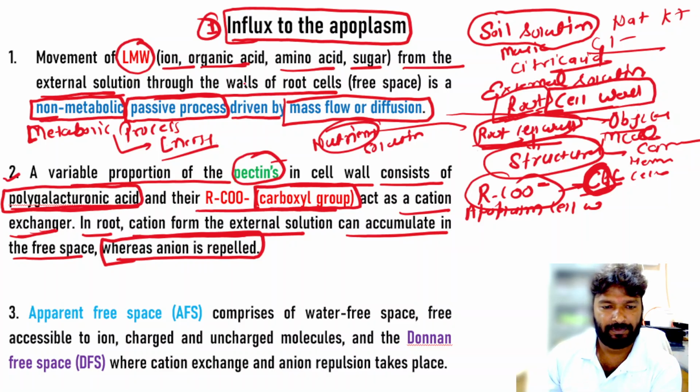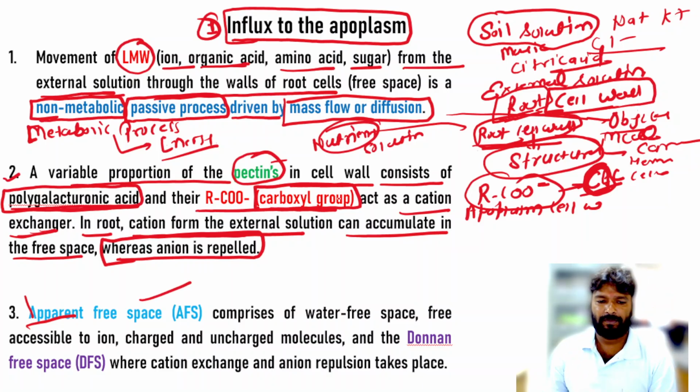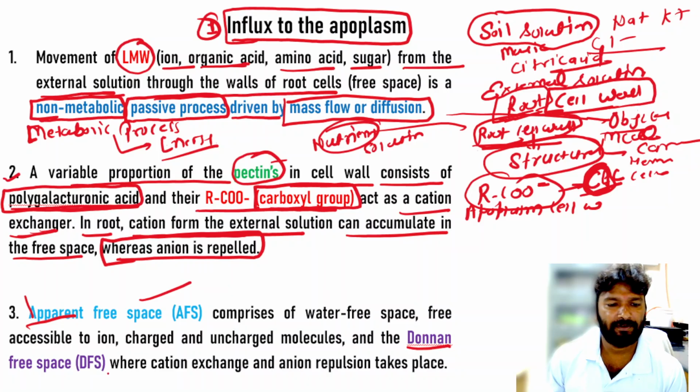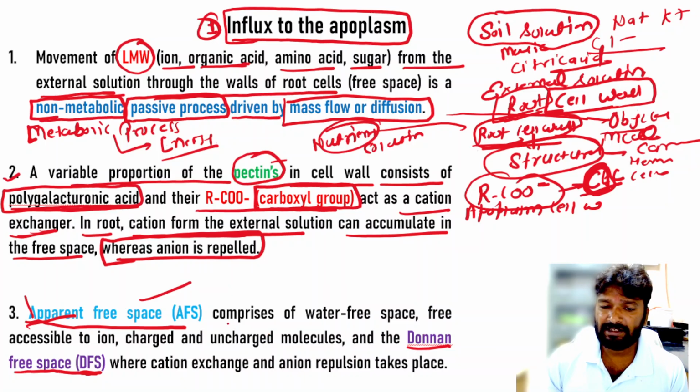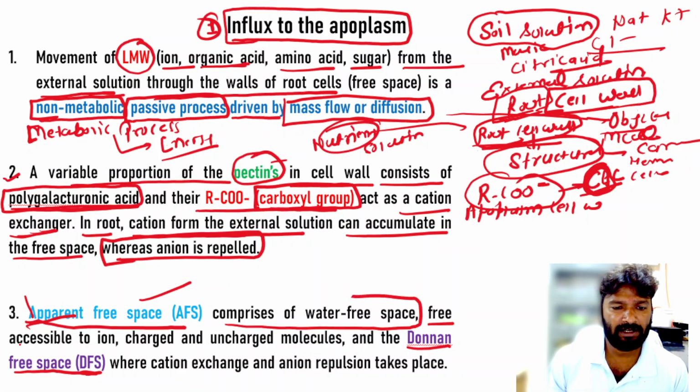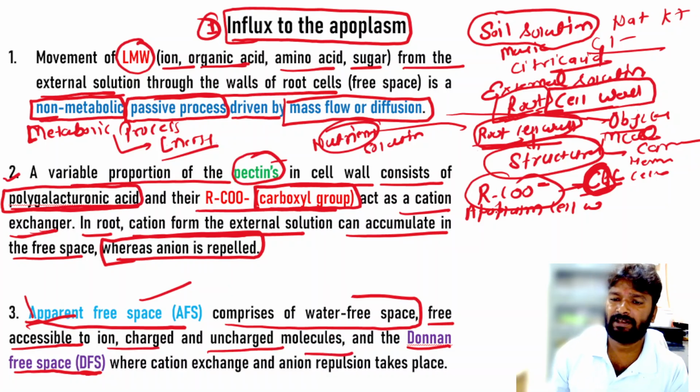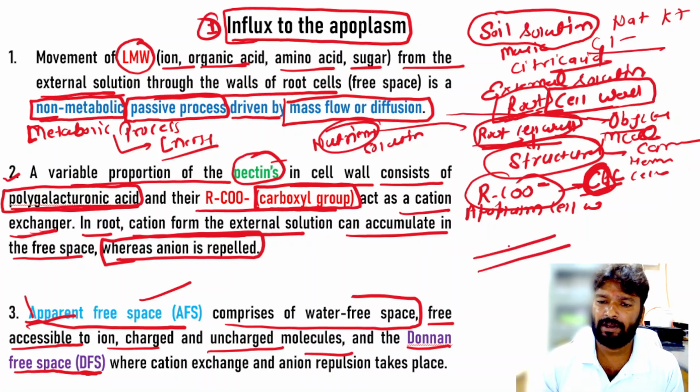Then there is a formation of two spaces, known as the apparent free space and the Donnan free space. The apparent free space comprises the water free space and is freely accessible to ions, charged and uncharged molecules. So your root cell wall has two portions, the AFS and the DFS.